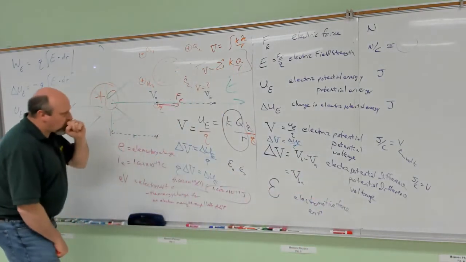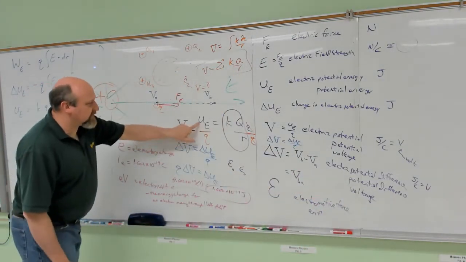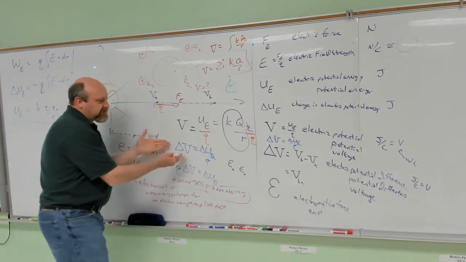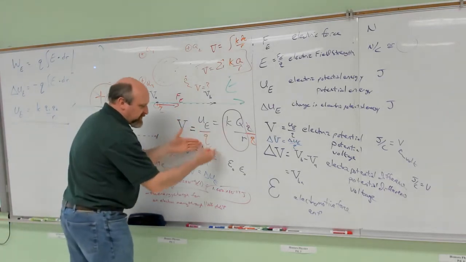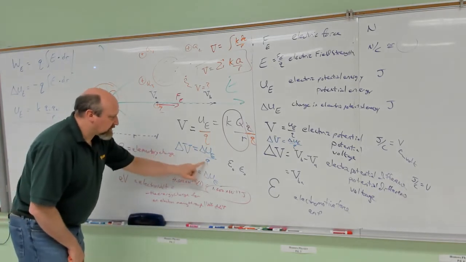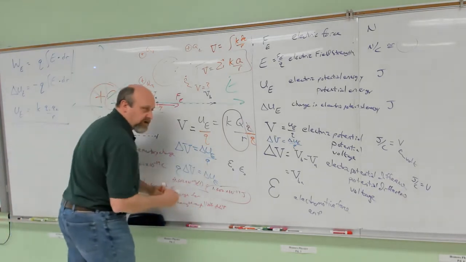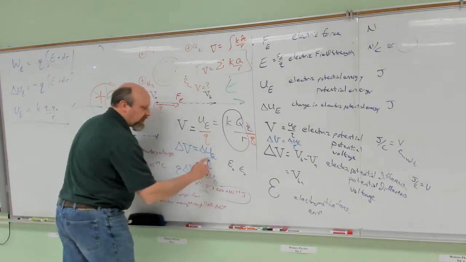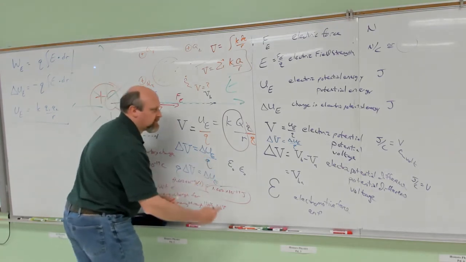First, we talked about how V is my UE per Q. So delta V would be the change in energy per charge to go between those two locations. But you know what we could do with this delta UE per Q? I already have an equation for delta UE.